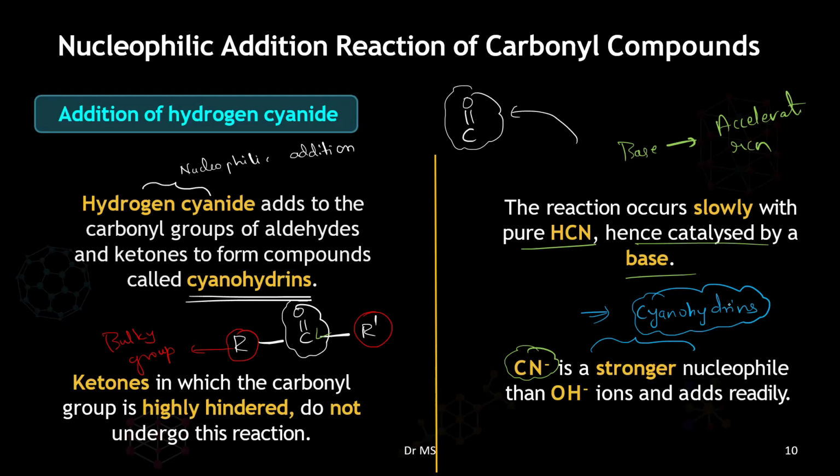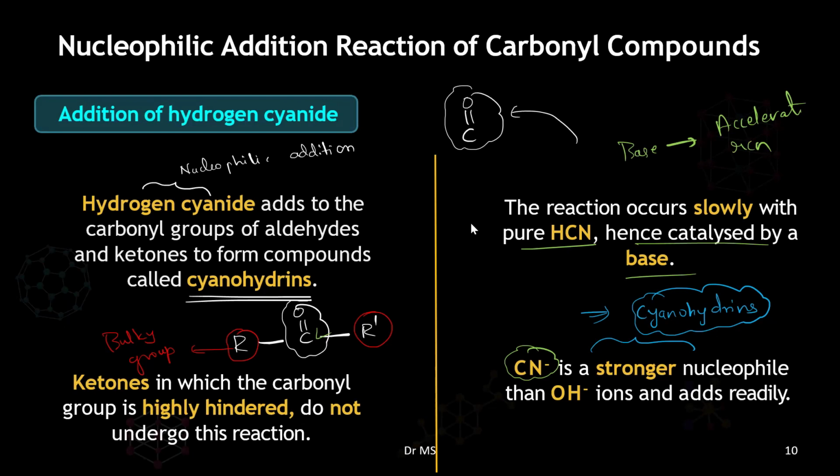We'll see how this intermediate is formed. Are these points clear? Why ketones will not participate in the reaction, why the reaction takes place slowly and we need the base, and why cyanide being a very strong nucleophile is helpful for formation of the cyanohydrins. Is that clear? Yes, sir.